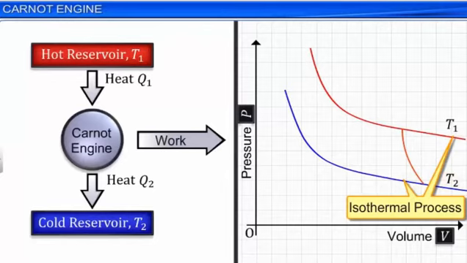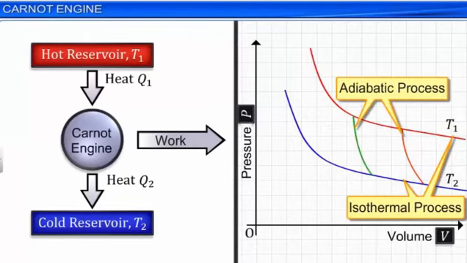Since there is no exchange of heat involved in these two processes, they must be adiabatic. The cycle of two isothermal and two adiabatic processes through which the working substance of a Carnot engine passes is known as the Carnot cycle. Let us now discuss the sequence of steps involved in each Carnot cycle.